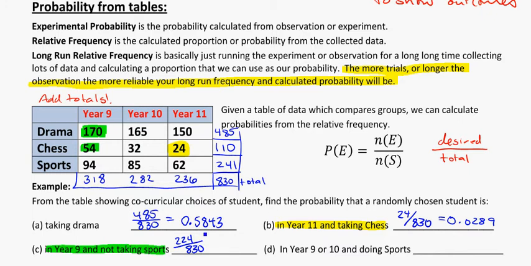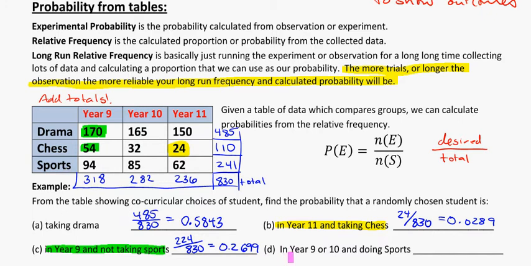If we put that into a calculator, you should get 0.2699. So again, that's year 9 students that are not doing sports, which gives me the ones in drama and the ones in chess.